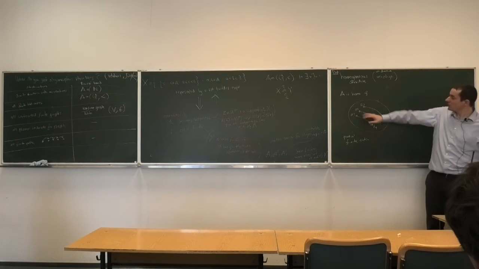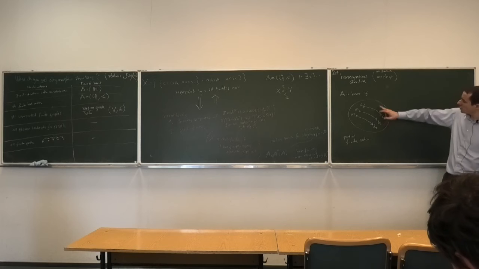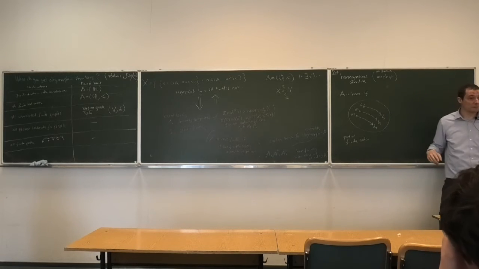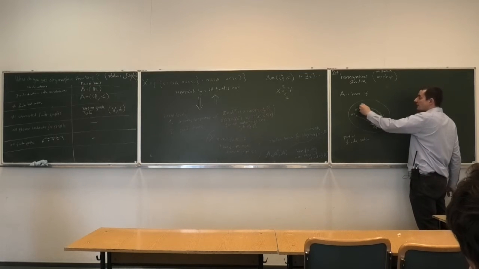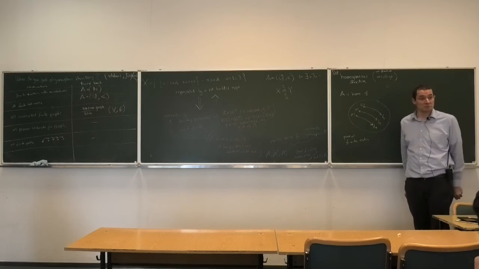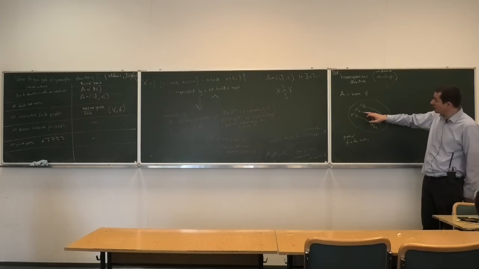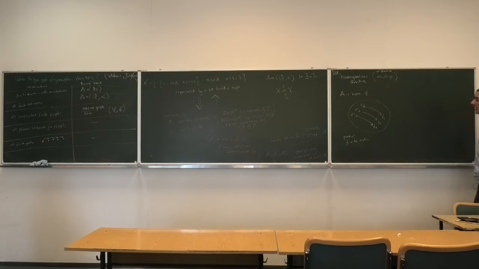So a partial finite automorphism is just a function from one tuple to another tuple. There could be repetitions, so a B2 could be mapped to A3 or something. That's allowed, and it has the property that the same relations are satisfied by the source as by the target. So for example, if there's an order relation and this element is smaller than that one, then its image is smaller than the other's image.